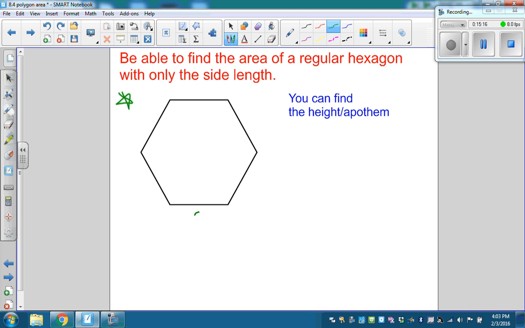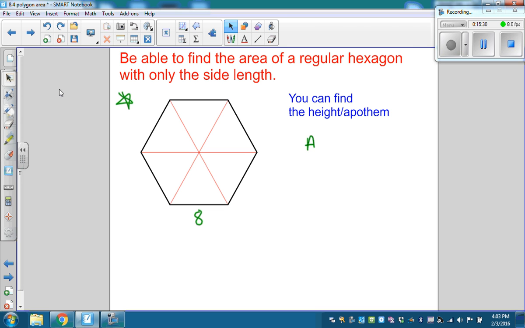Like if I say this is 8, you have to be able to do the whole area just off of that. And we'll talk more about that tomorrow, but the thing you should think about is that your hexagon always has equilateral triangles in there, because this is 60 degrees. So they're all 60 degrees.